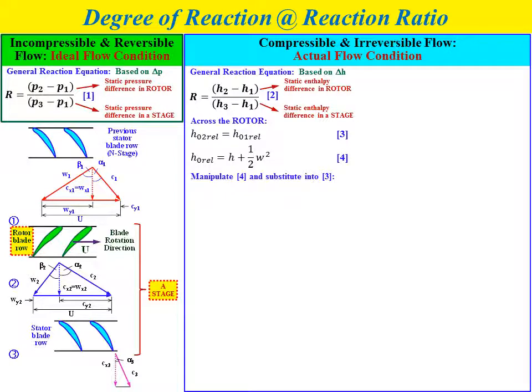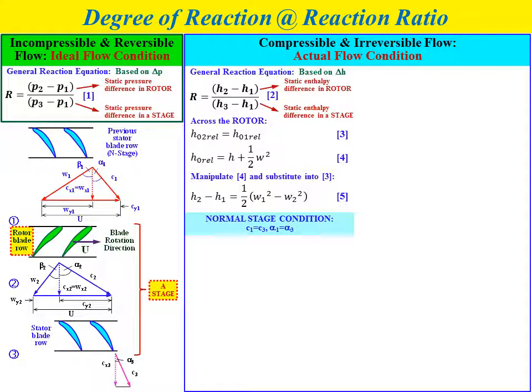Manipulate equation number 4 and substitute into equation number 3, so we get the formula for static enthalpy difference in the rotor, where H2 minus H1 equals half of W1 square minus W2 square, represented by equation number 5.